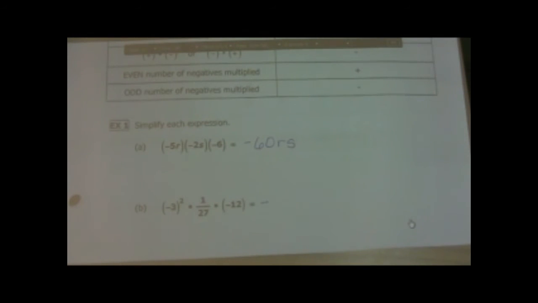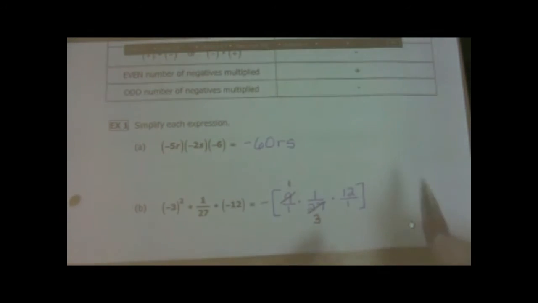Now I can pretend all my numbers are positive and just work with them. So first of all, I'll do something like this. 3 squared is 9, times 1 over 27 times 12. Put 1s under here. Do you know how to cancel from here? Yes, this is easy. What goes into 9 and 27? 3.